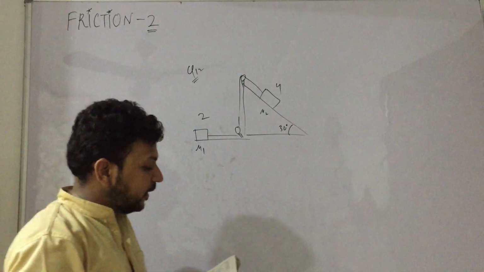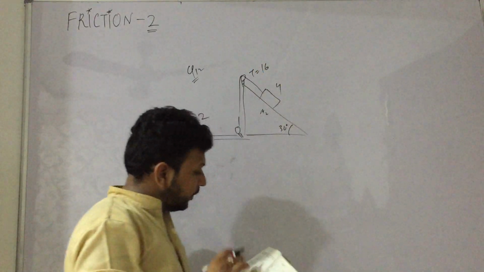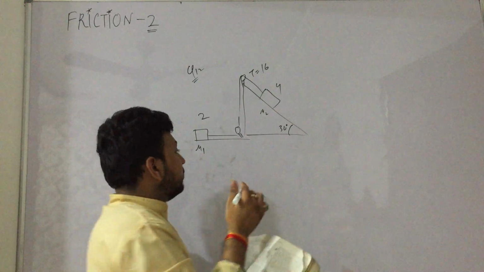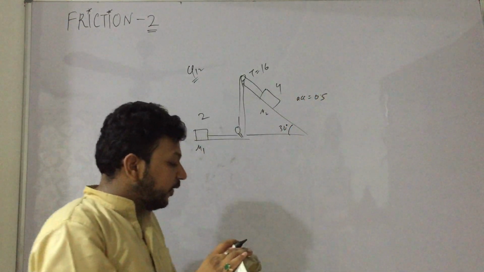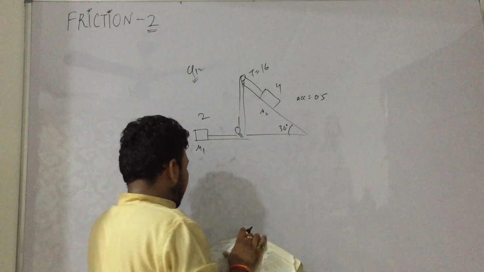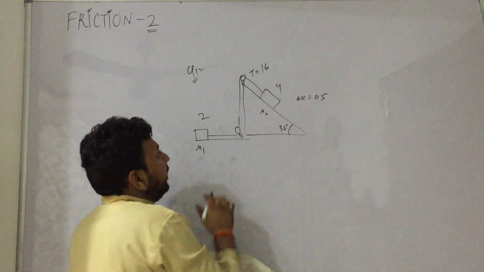If the tension of the string is 16 Newton, and the acceleration of each block is 0.5, find the friction coefficient between the two contacts with the block.